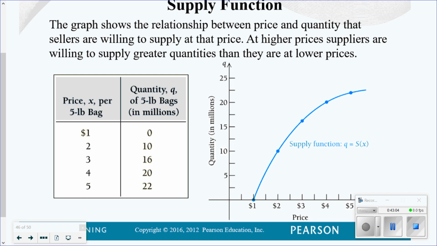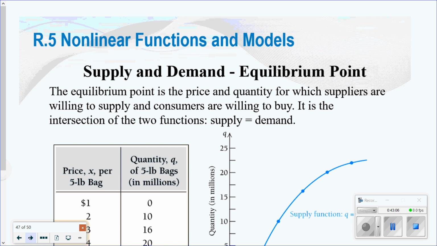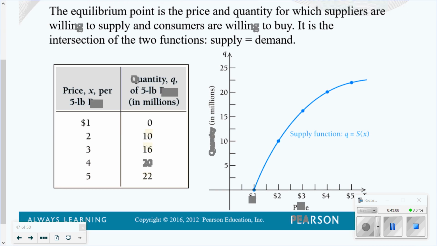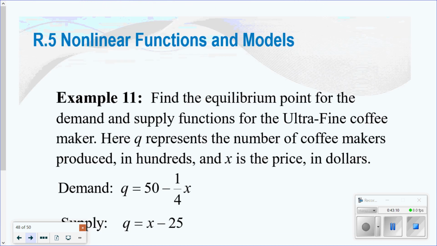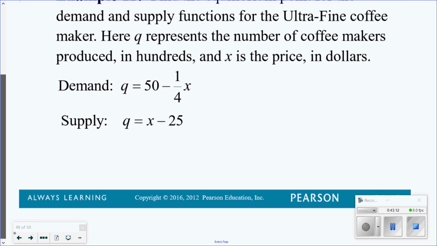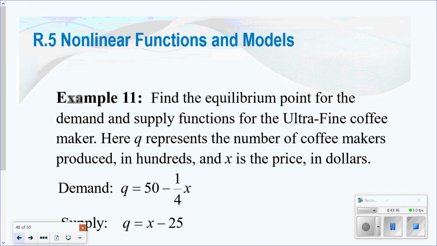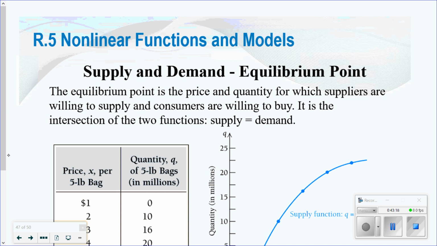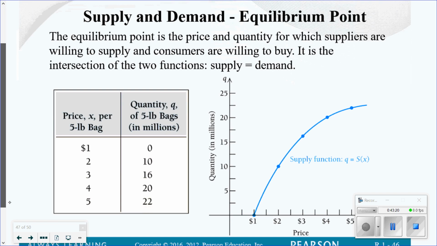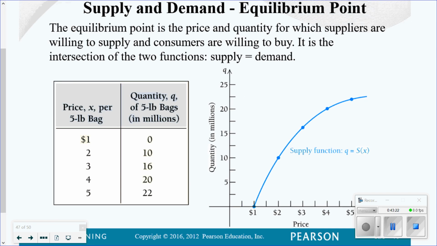Okay, we want to find something called the equilibrium. And that is going to be, let's get to the next slide. Oh, I don't think they gave us the graph of that. All right. That is going to be where your supply and demand functions cross. So let's just suppose that was our demand function.